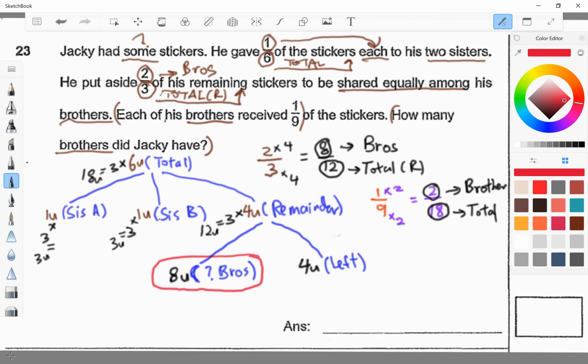So his brothers must be to take this 8 divided by 2. Let me repeat this again. So the brothers that Jackie had, I just need to take 8 divided by 2, and lo and behold, I have found that the answer is 4. So this will mean that Jackie has 4 brothers.